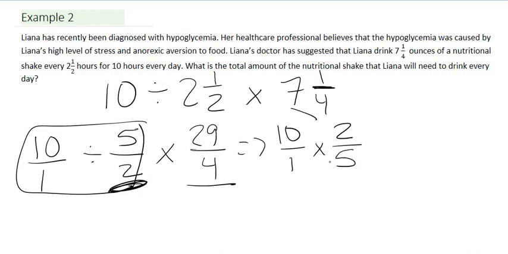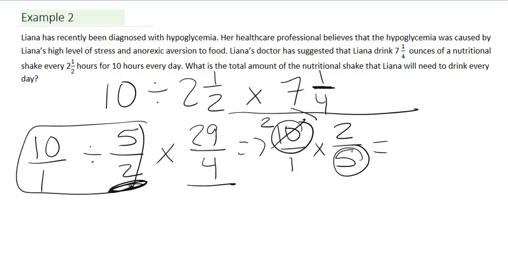So this gives us, but before we actually multiply, we can actually further reduce. This 10 and 5 have a common factor of 5. So 10 divided by 5 is 2. 5 divided by 5 is 1. So 2 times 2 is 4. 1 times 1 is 1.